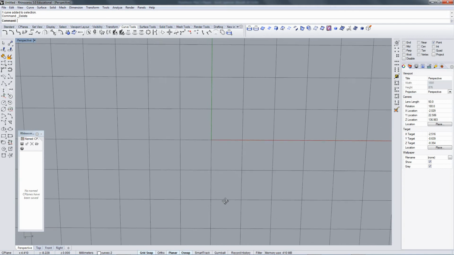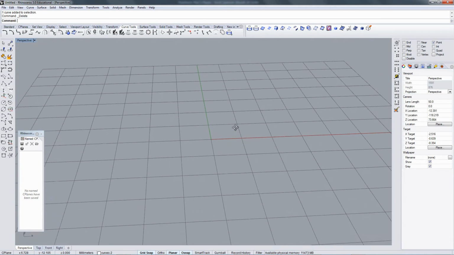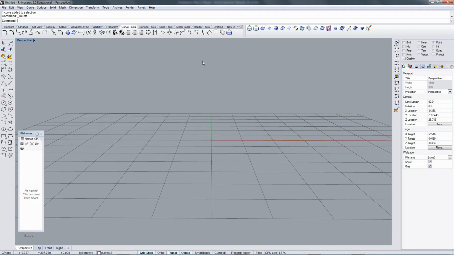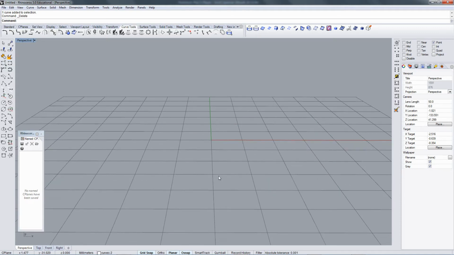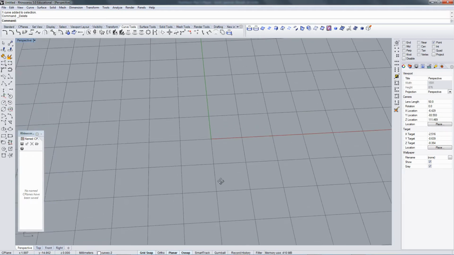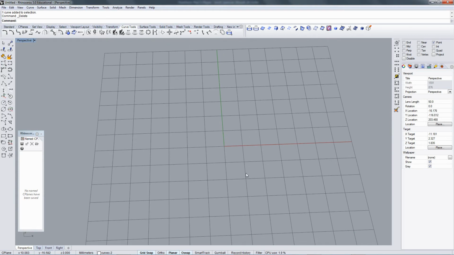Z is coming directly perpendicular from the C-plane, which in world coordinates means flying up and down into the air. And this is where we can really start to talk about a construction plane. C-planes only give you the ability to go in two coordinate directions.